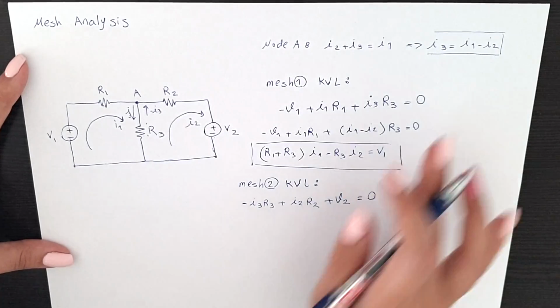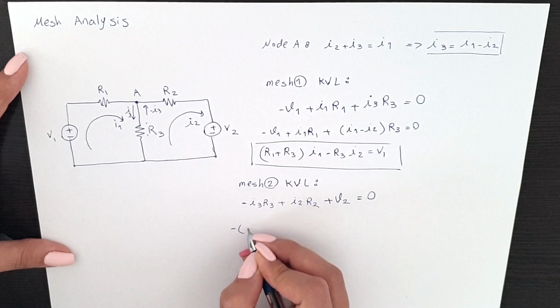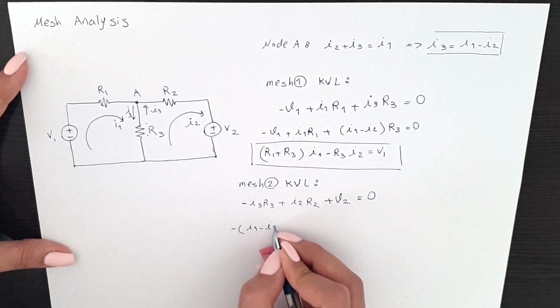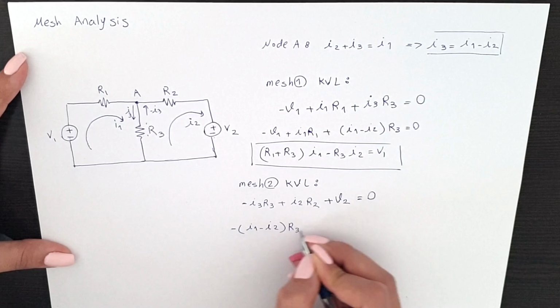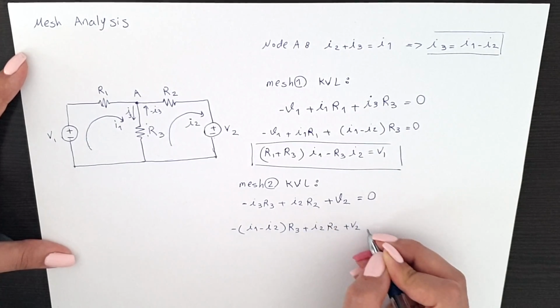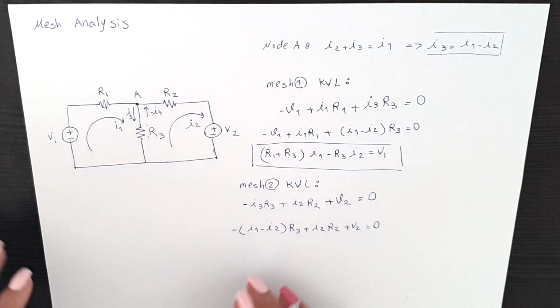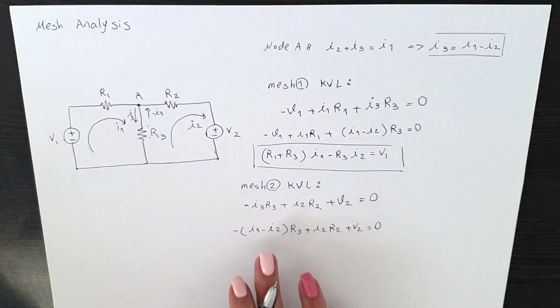Again, we're going to write I1 minus I2 instead of I3 in here. So it's going to be minus (I1 minus I2) R3 plus I2 R2 plus V2 is equal to 0. You can notice something in here.